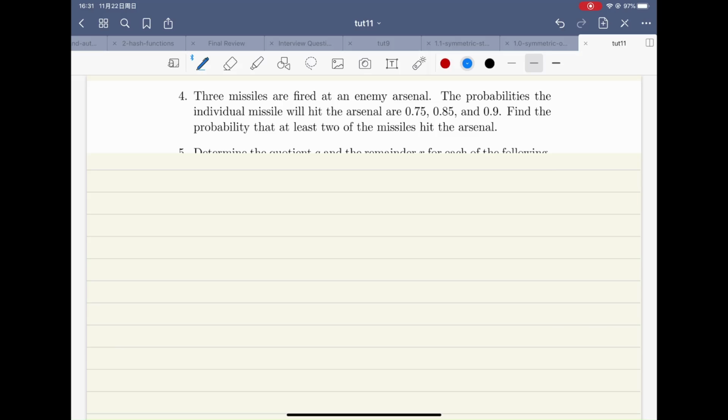0.75, 0.85, and 0.9. So if you are asked something like at least 2 of the missiles hit the target, you can simply subtract the result that exactly 0 hit the target and exactly 1 missile hit the target from the whole probability, I mean from 1.